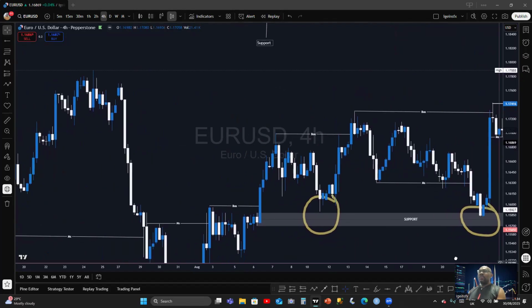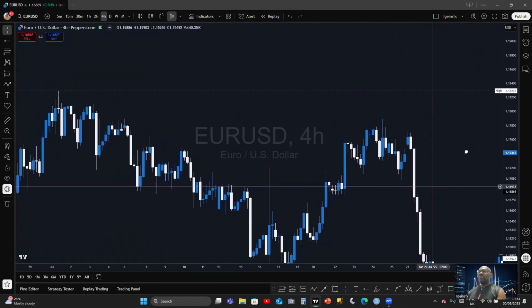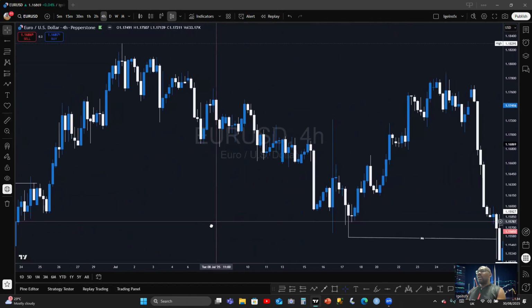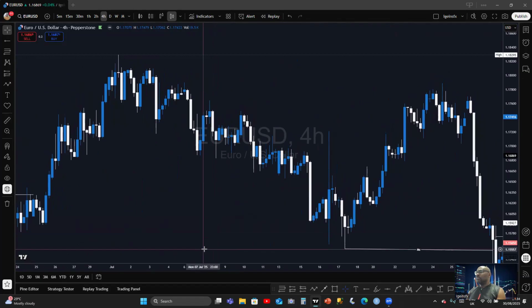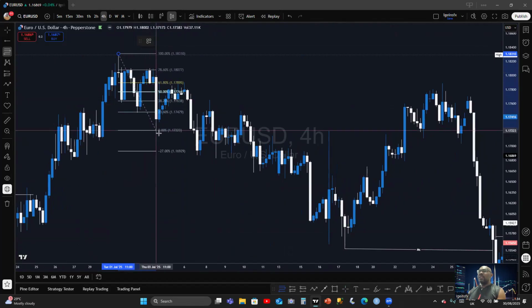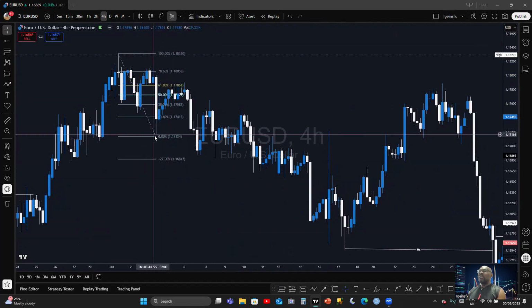For example, if you want to use Fibonacci retracement to know where to enter, you now start plotting from the highest price to the lowest price here. All right?